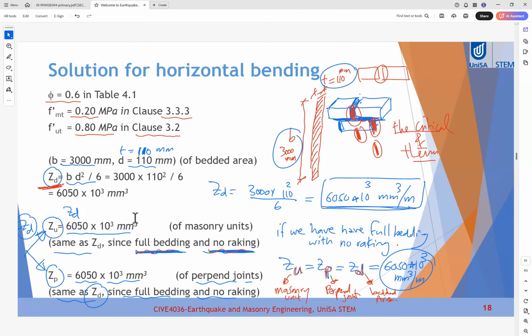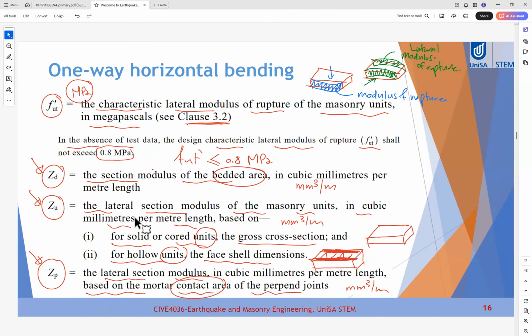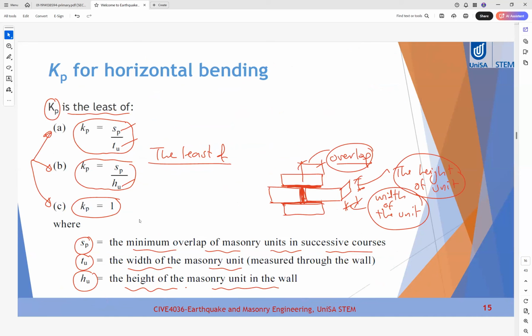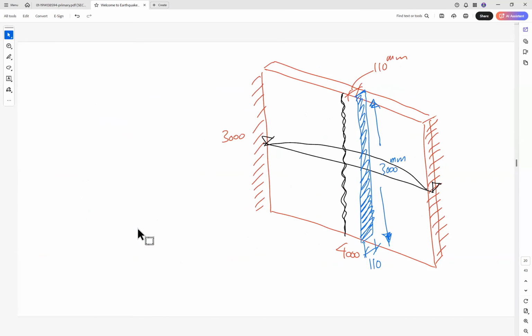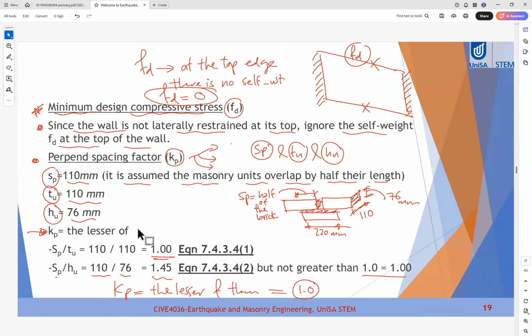If you go back, KB cannot exceed 1, because even if this were 1.1 or 1.2, the limit is 1. That's why KB in this example will be taken as 1.